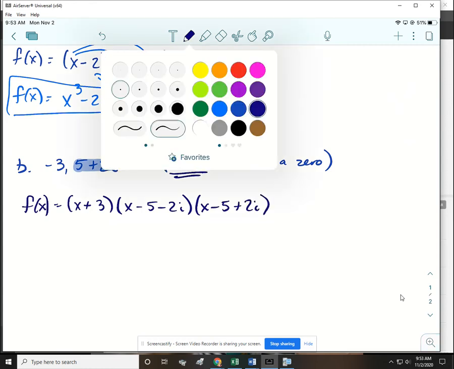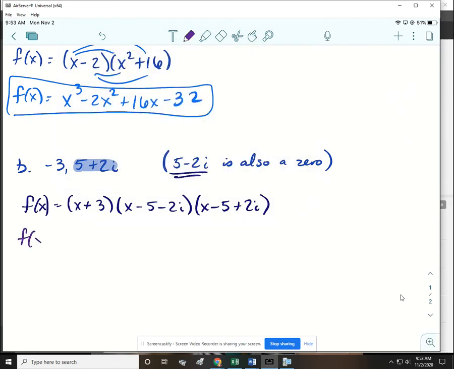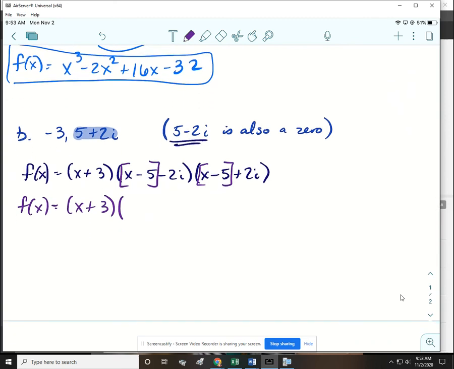And we did one like this when we were only talking about real zeros. And I showed you a way you could group them to make it a little easier for you to multiply. So these both have an x minus 5, so we would group those together. And then they are like conjugates, so I can just multiply x minus 5.